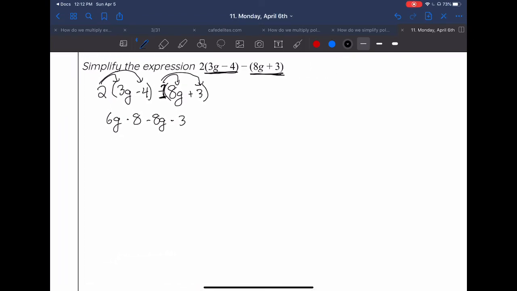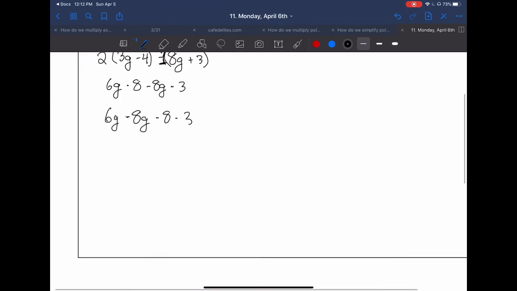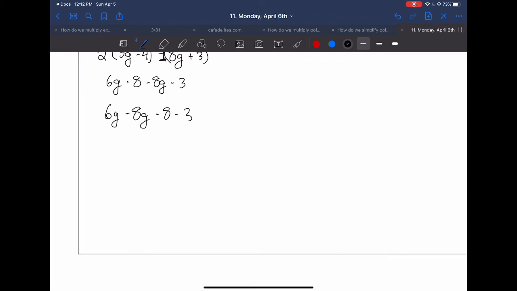I now need to combine my like terms, so my g's go together, and my terms without a variable go together. So my 6g and my -8g go together, and my -8 and -3 go together. So 6g minus 8g is -2g, and then -8 minus 3 is -11, and that's our final answer.